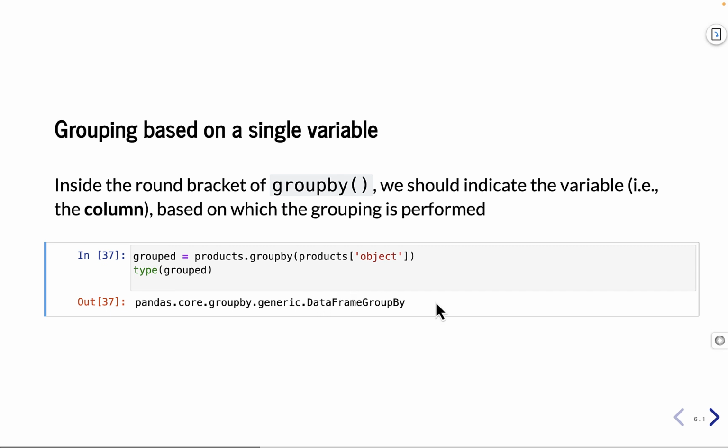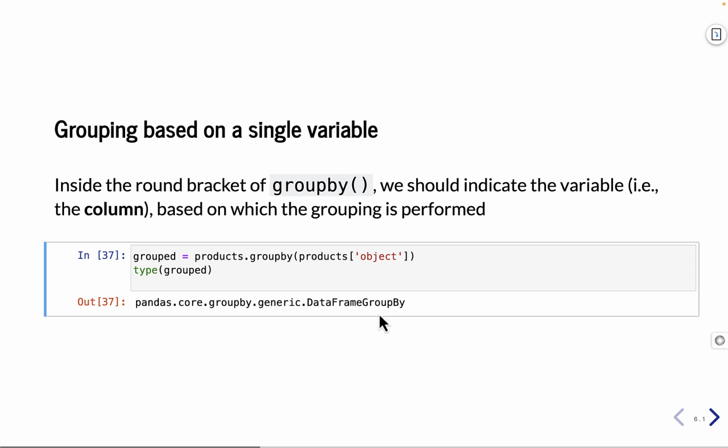Sometimes we say it's a group by object. It doesn't tell you much, and we can understand the grouped variable as an outcome of the group by operations to be some backend operations that divide the whole data frame into groups based on the unique values of the object column.